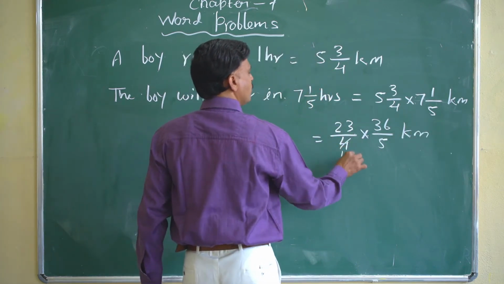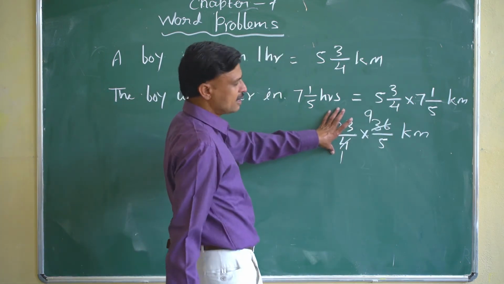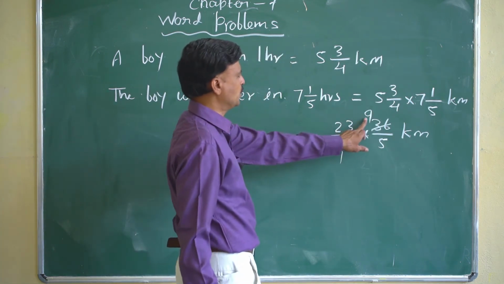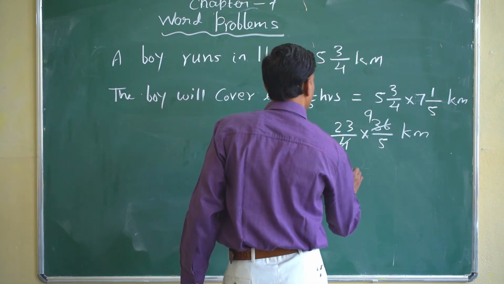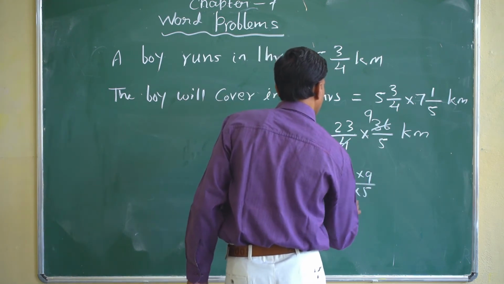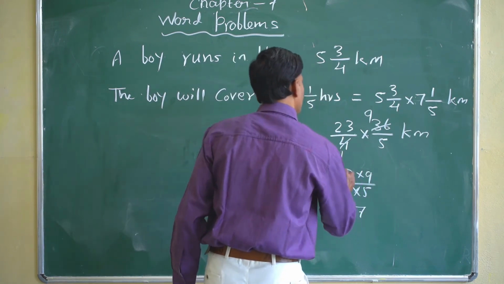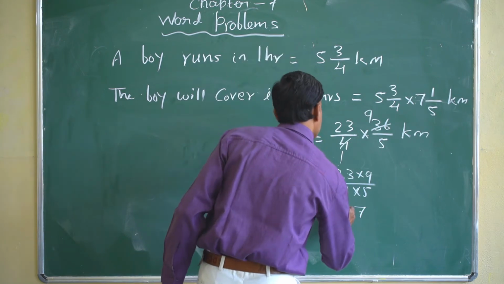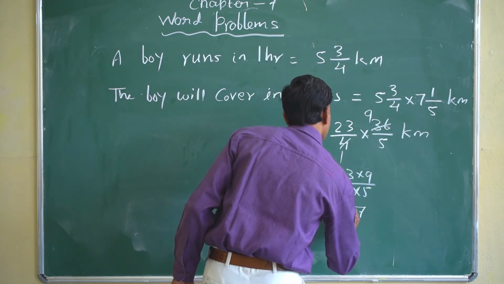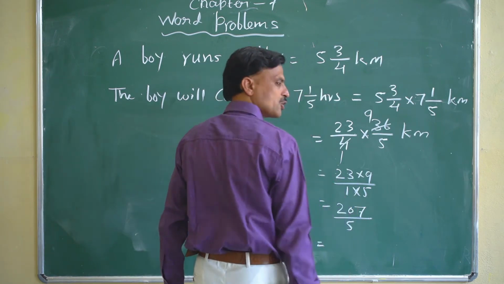So 4 cancels with 36, 4 nines are 36. Any other cancellation? No. So 23 will multiply with 9 and 1 will multiply with 5. 9 threes are 27, 2 nines are 18 plus 2, that is 207 upon 5. You can convert it into a mixed fraction also.